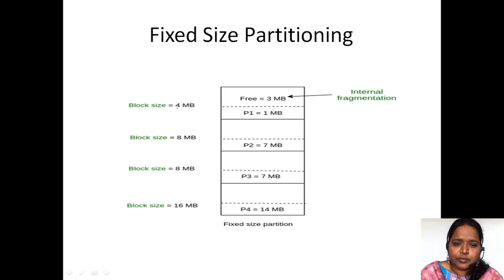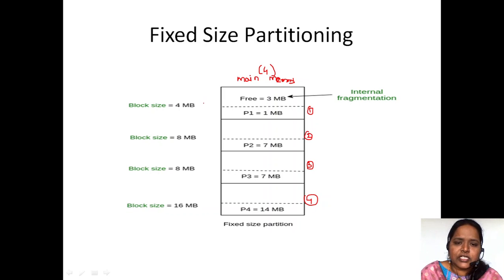See here, how many partitions are there? First partition, second partition, third partition and fourth partition. So this is fixed size partitioning. This main memory is divided into 4 partitions.